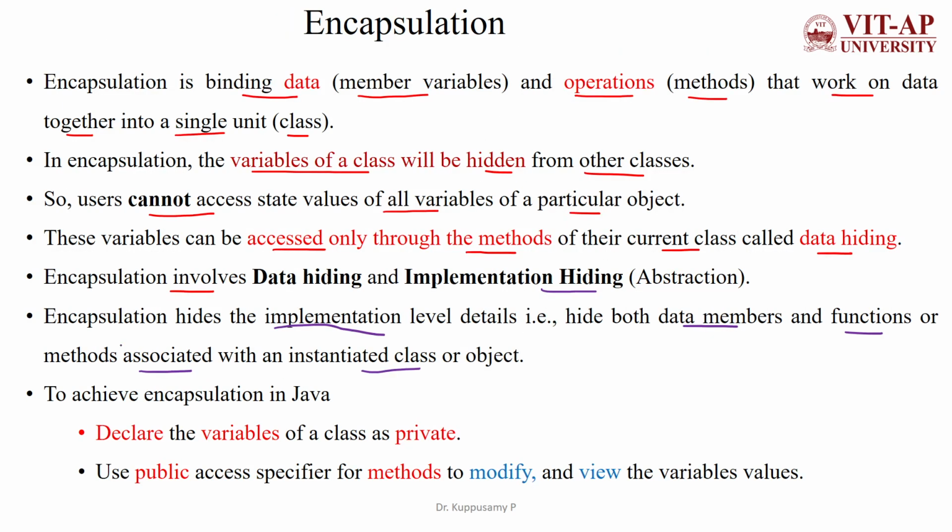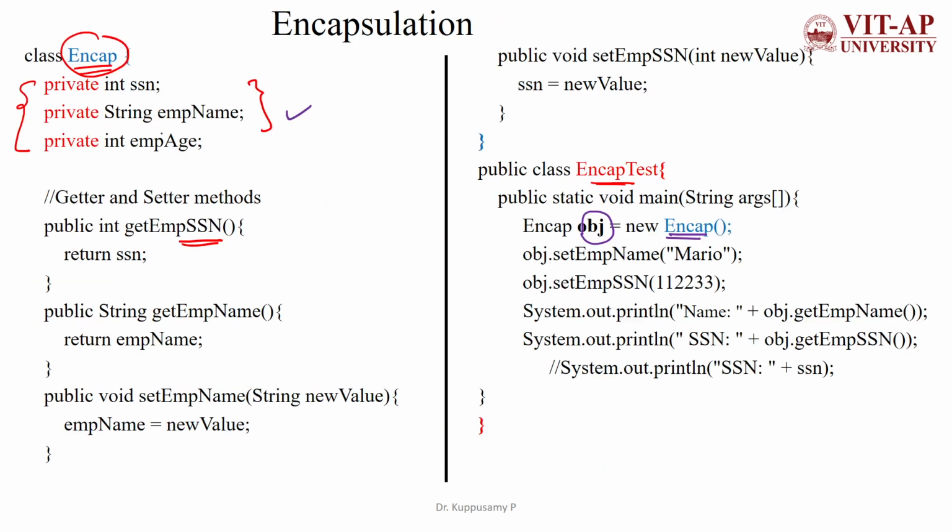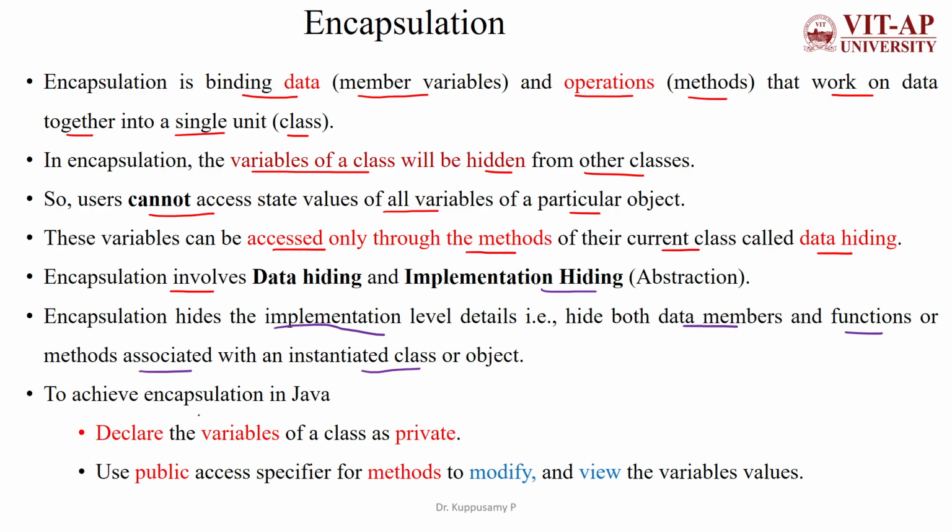So here the variables are declared inside the encap class as private variables, so these variables cannot be accessed outside this class. By using this method we can achieve encapsulation in Java programming by declaring the variables of a class as private and using the public access specifier for methods to modify or view the variable values.